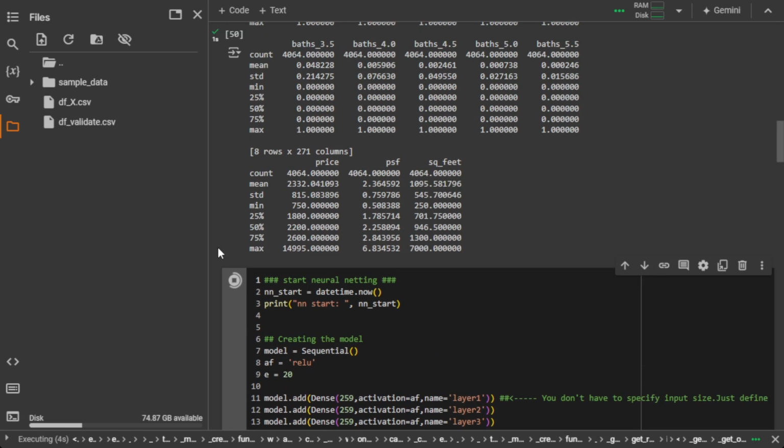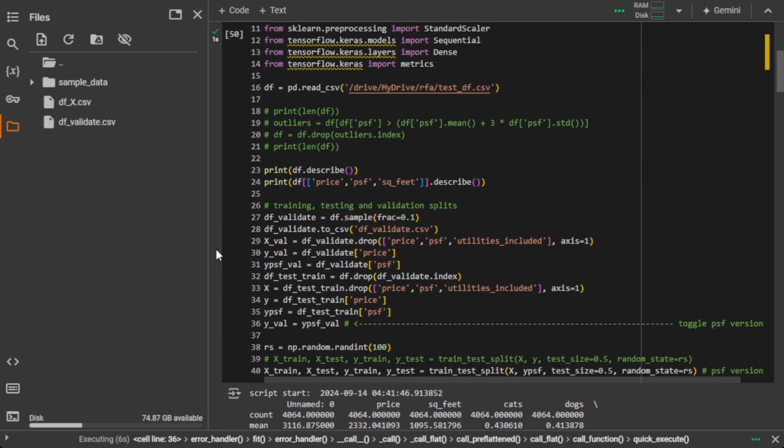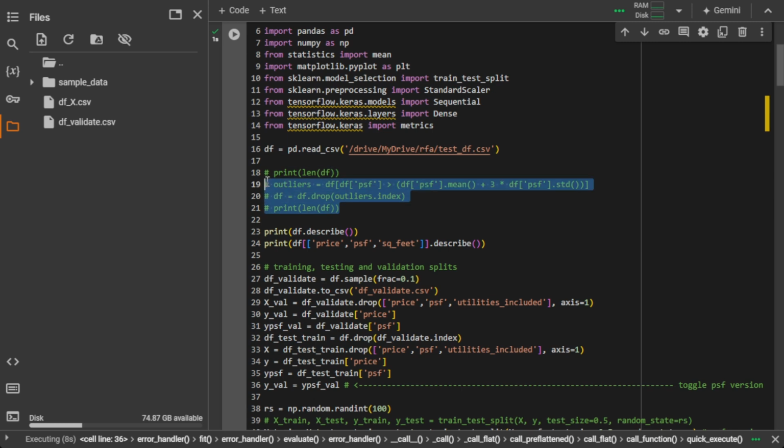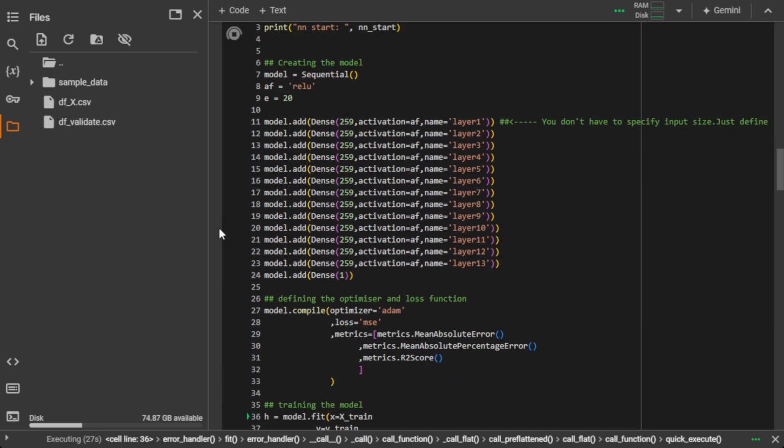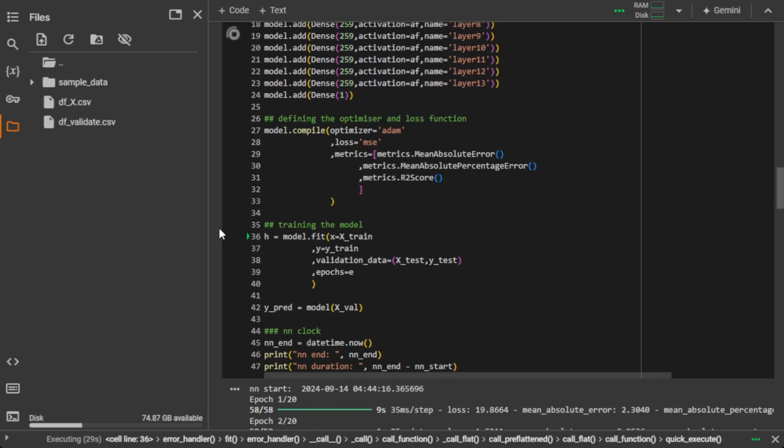Now, just to explain again, what we've done is we commented out this section, and this section contains a line of code that filters out outliers above 3 standard deviations from the mean. And so we ended up losing about 5% of our data to that line.